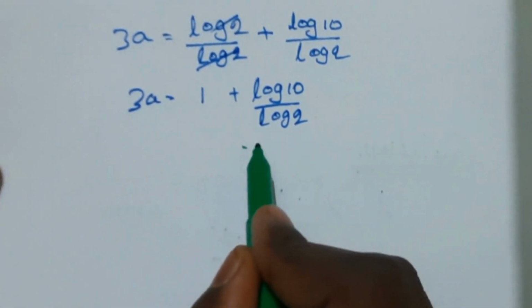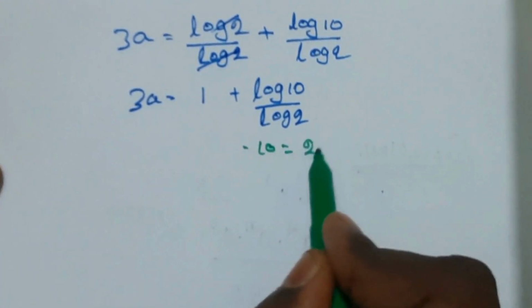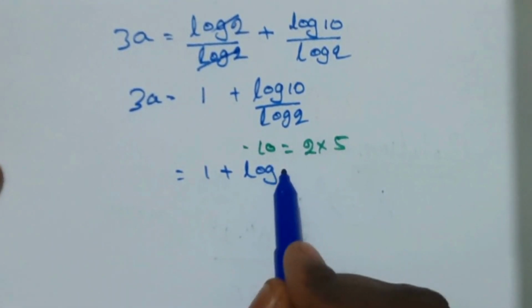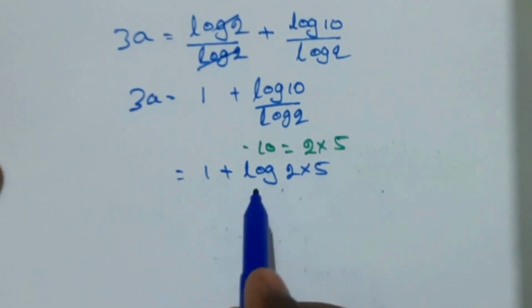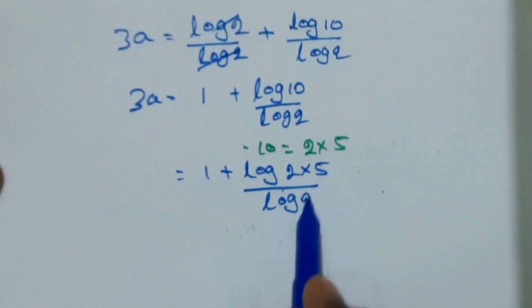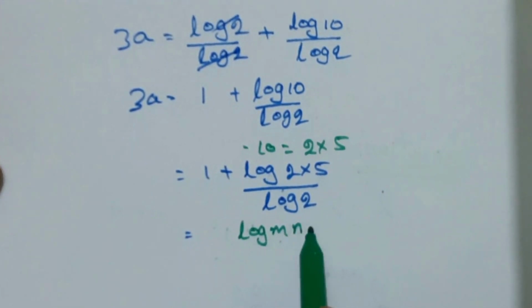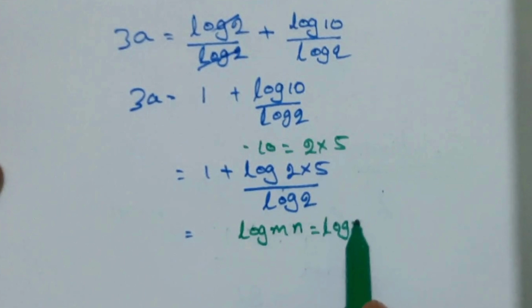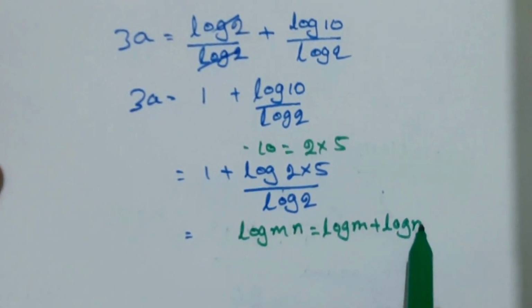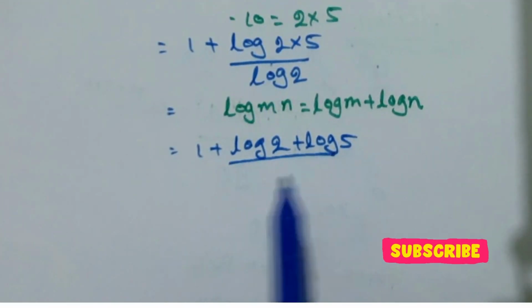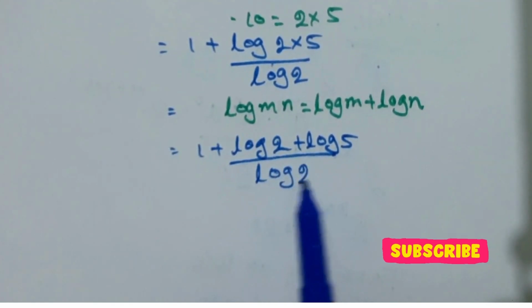10 can be written as 2 into 5. So 1 plus log 2 into 5 by log 2. Log m into n equal to log m plus log n. We are going to apply this. So 1 plus log 2 plus log 5 by log 2.